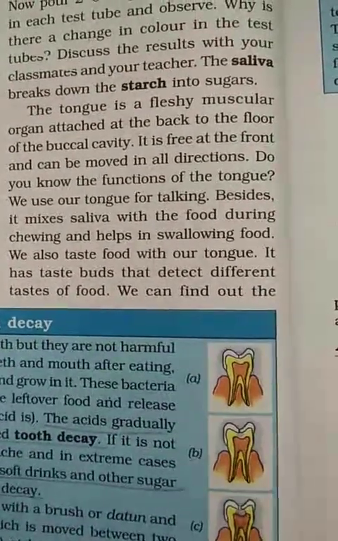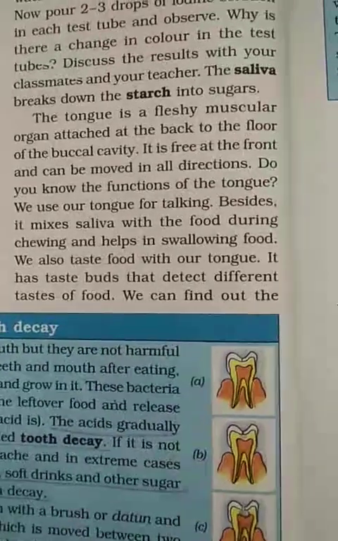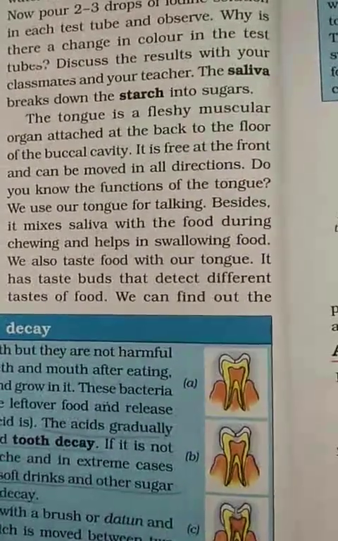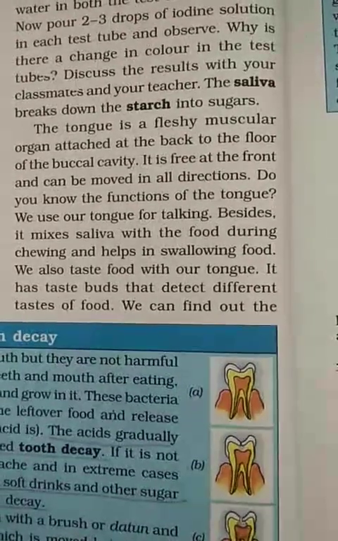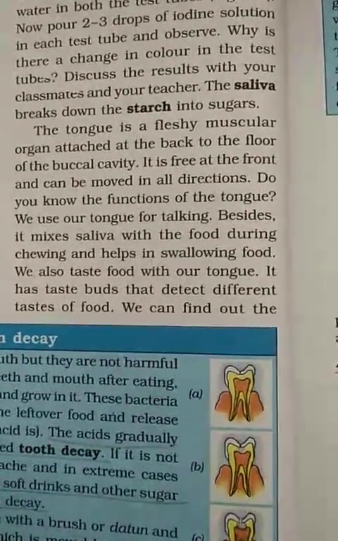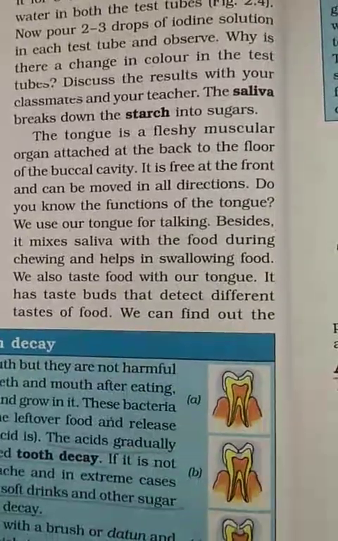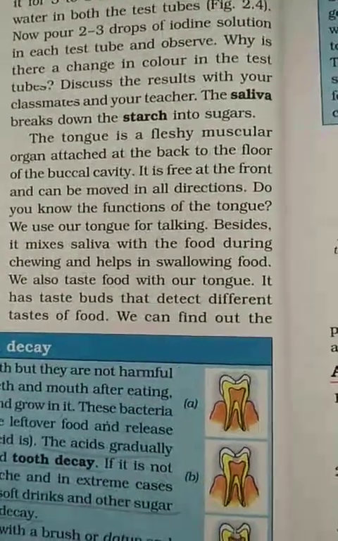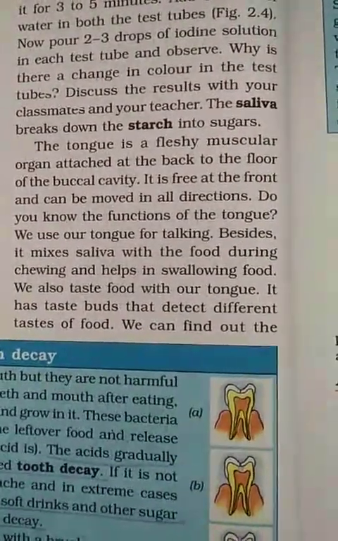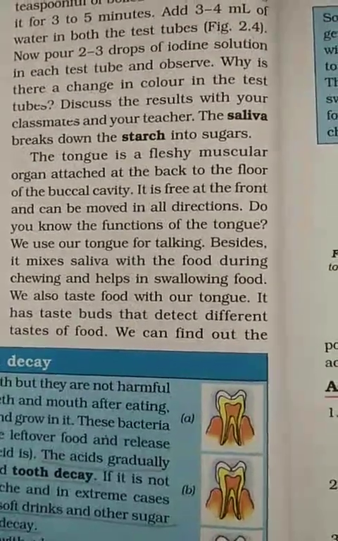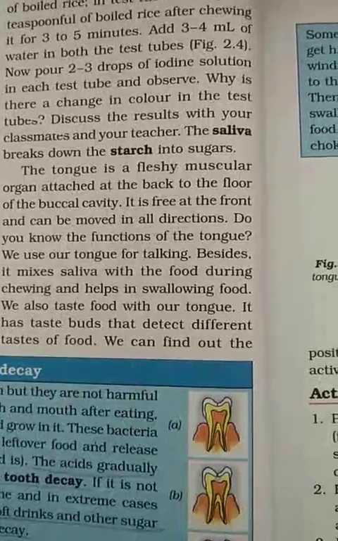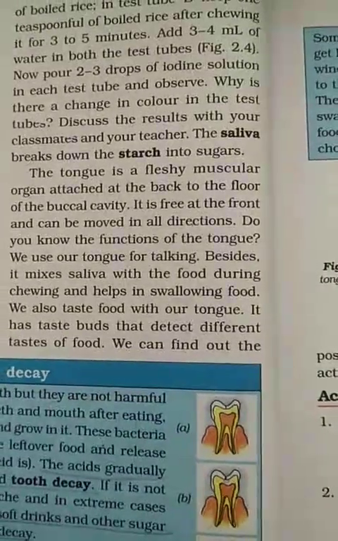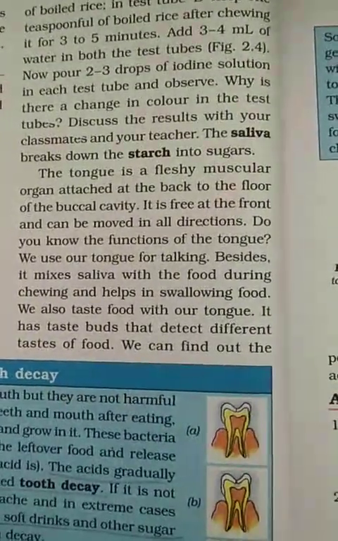Do you know the functions of the tongue? Yes, we use our tongue for talking. Besides, it mixes saliva with the food during chewing and helps in swallowing food. Can you talk by holding your tongue with your finger? No. If our tongue is free, then only we can talk properly.